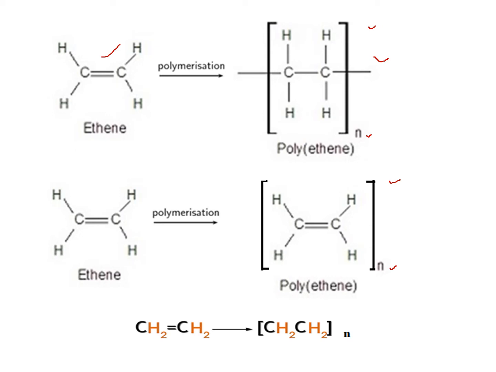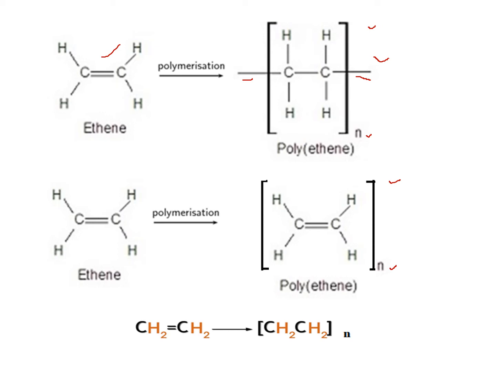But have a look, the double bond is now broken and it forms a completely new molecule, ethane, that is attached to another ethane. So we keep on indicating these bonds outside of the square bracket.